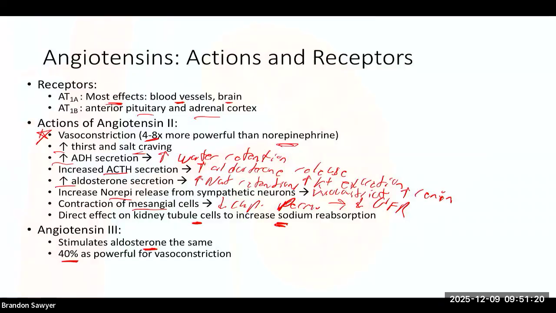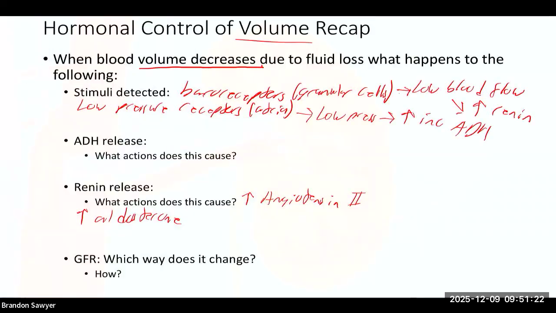So when you think about renin being released, that's what you're thinking about: all the effects of angiotensin 2. You have to make sure you make that connection. Renin really translates to angiotensin 2, and when angiotensin 2 is released, we get that whole host of effects.